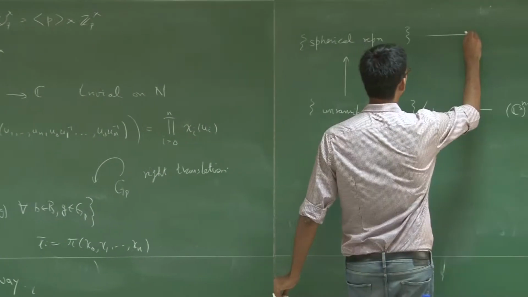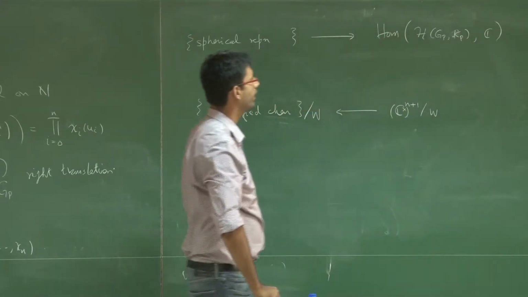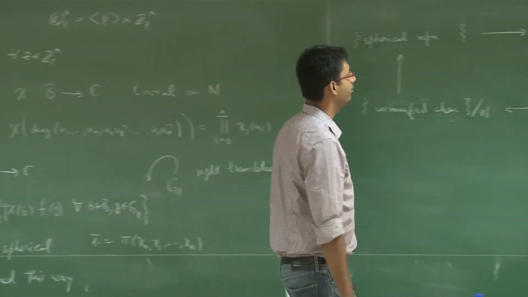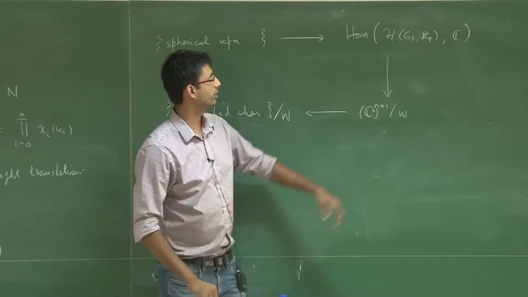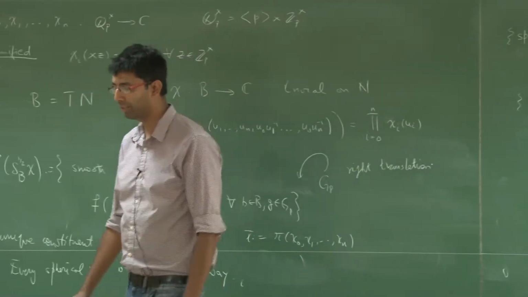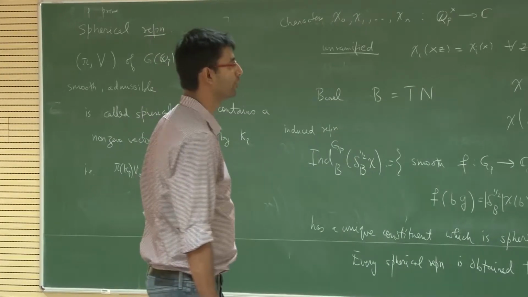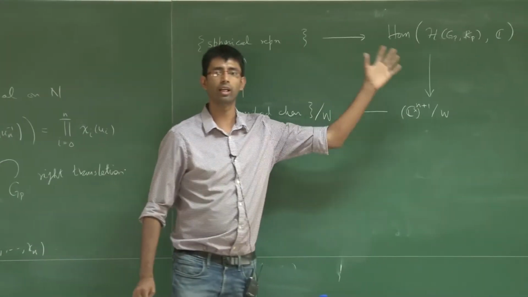So you get a homomorphism from the Hecke algebra to C by just action on the spherical vector. And we already saw this connection here, and this connection is just coming from H(G_p, K_p) being the W-invariant elements of H(T, T_0), which was exactly this polynomial thing. So spherical representations are completely determined by, well, there is a very nice picture to go around.